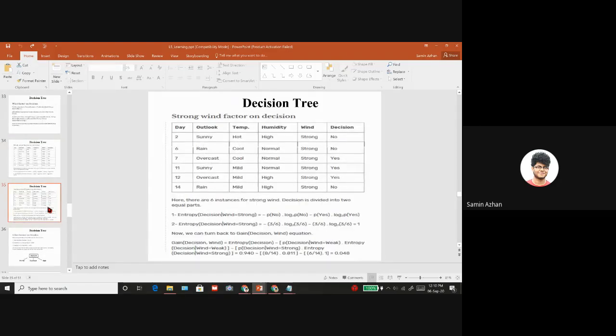After calculating those, you have to finally calculate the information gain. Here it is, the gain. So it should be gain, decision, comma, outlook.